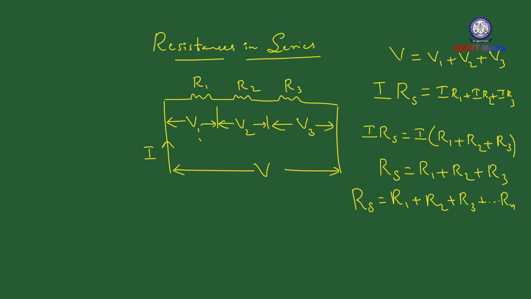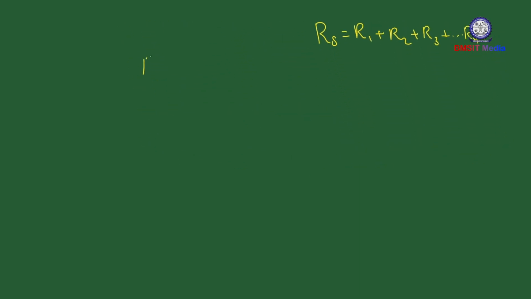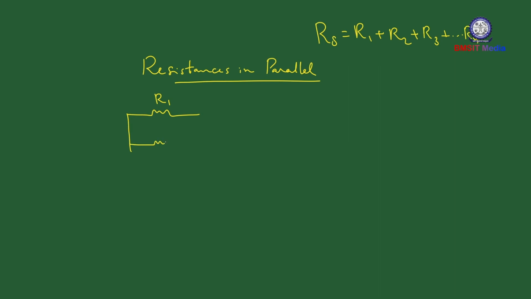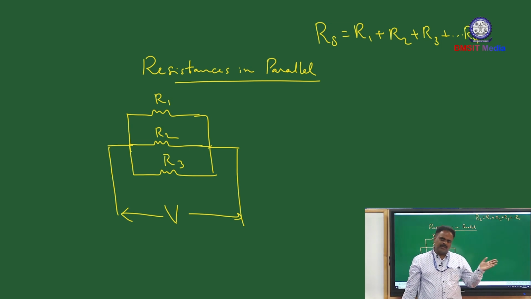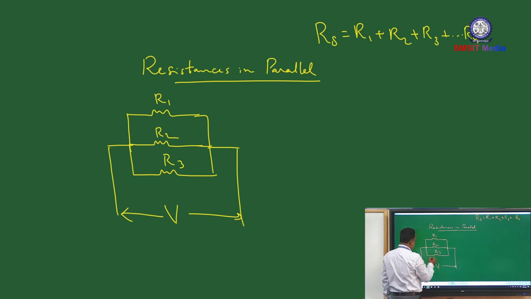Now you have resistances in parallel. We will take 3 resistances. Let us say R1, R2, R3 connected in parallel. V is the applied voltage. Because the resistors are connected in parallel, voltage across each resistor will be same and it will be V. Because of this applied voltage, a current I will flow.